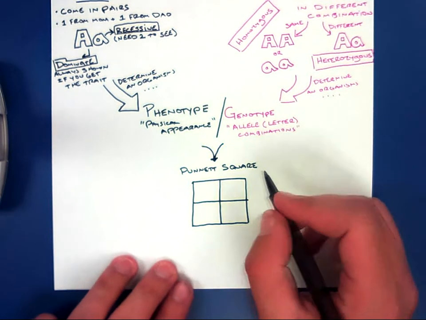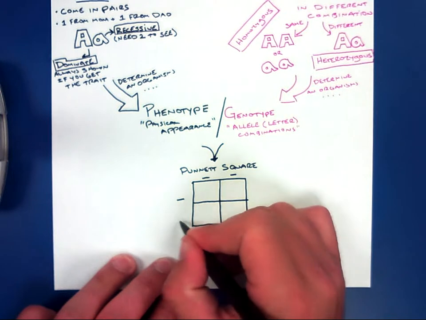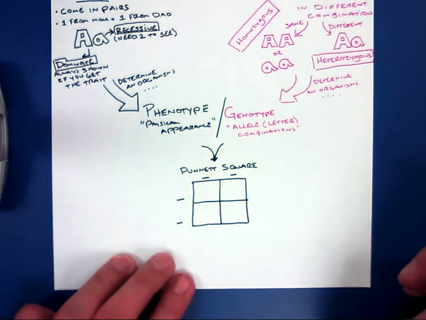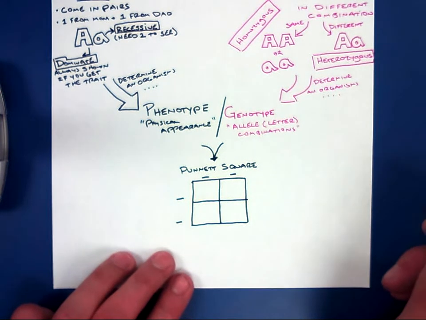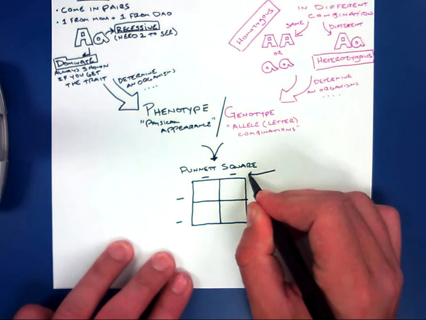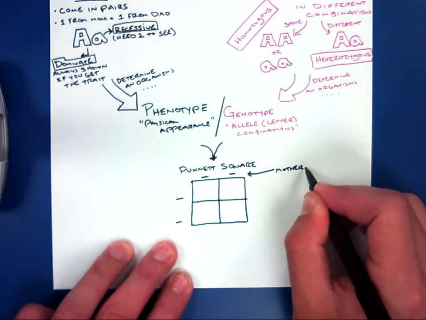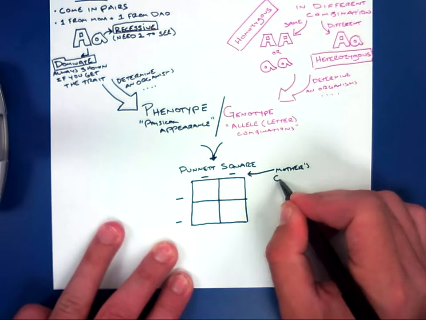And to make it very simple, what you do is you have a line here in those four spots. And those are lines that need to have something written on them. So on the top, you write the mother's genotype.